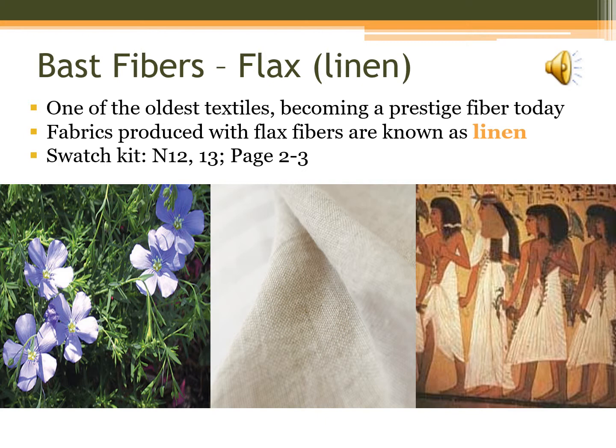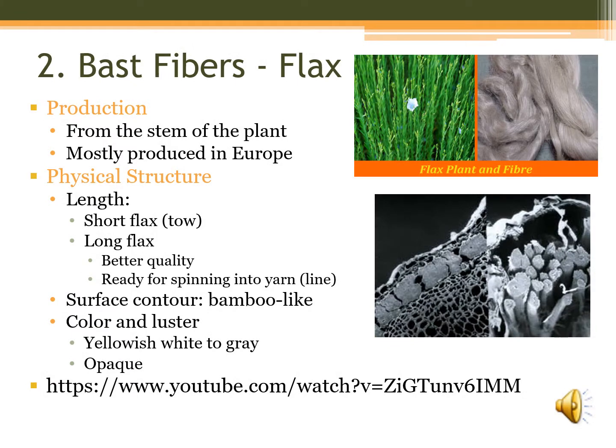So that's a good place to start as far as feeling it. And then on pages 2 and 3 are some swatches of linen fabrics for you to feel. So go ahead and take a look at those pages in your kit, so that you can feel what we're talking about.